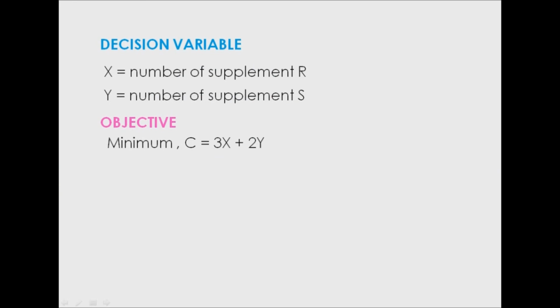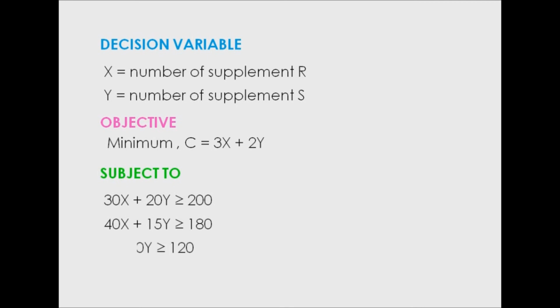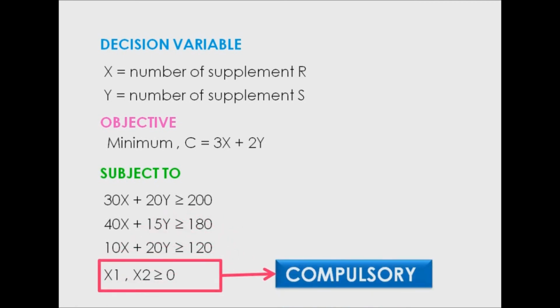Constraints will be represented like this: subject to 30x + 20y greater than or equal to 200, 4x + 15y greater than or equal to 180, then x + 2y greater than or equal to 120, and the inequalities x, y greater than or equal to 0 are compulsory.